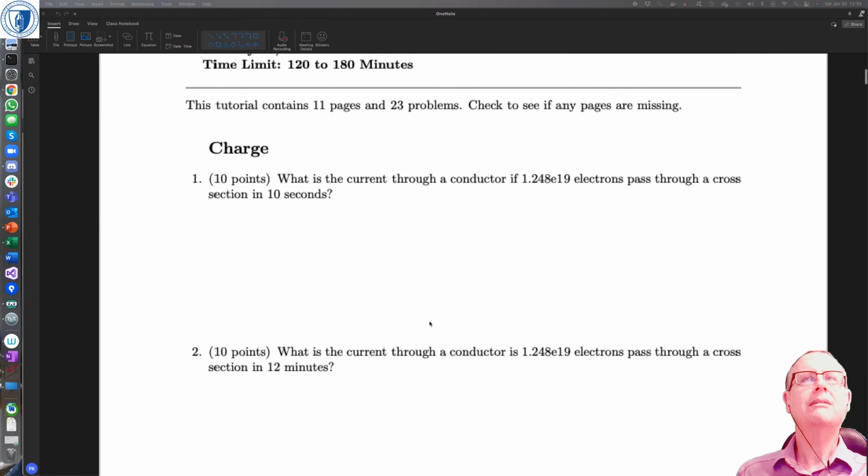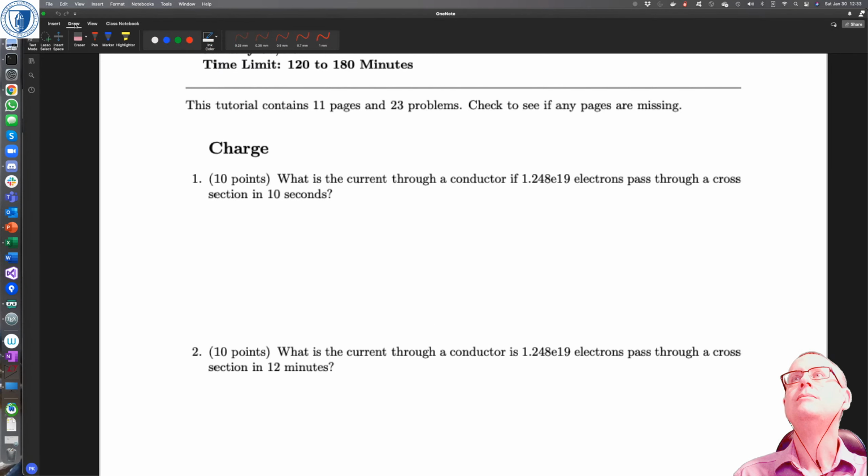Let's have a look at some answers. Does anybody from Group 1 want to speak up and give us your group's answer for question 1? Sure. The question was the current through a conductor if 1.248 e to the 19 electrons go through a cross section in 10 seconds.